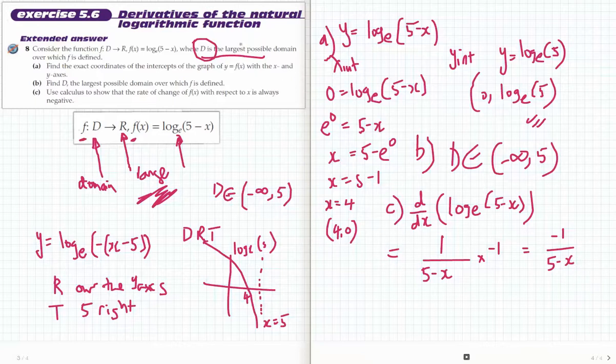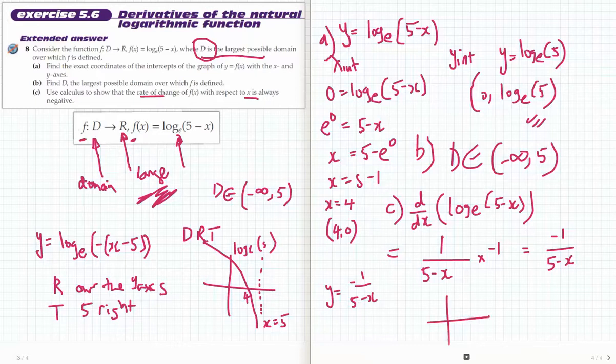And I've got to show that the rate of change with respect to x is always negative. So the rate of change is the derivative. And my derivative is y equals -1 on top of 5 minus x, which is a hyperbola.